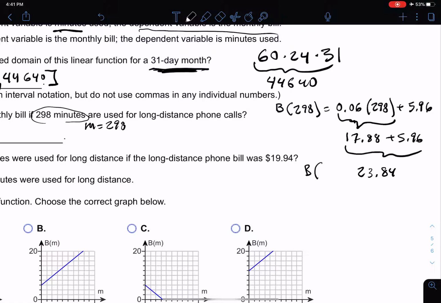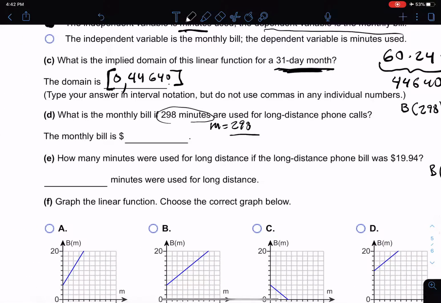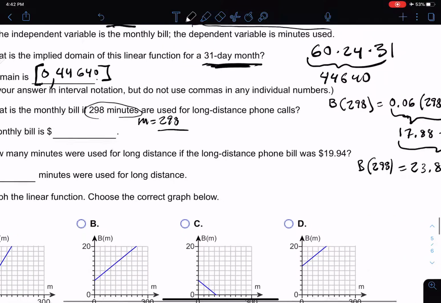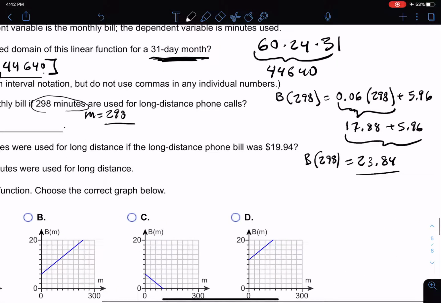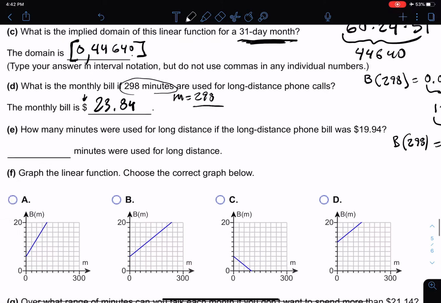So the proper way to write this as a function, B of 298 equals $23.84, because if you talk for 298 minutes, it's going to cost you $23.84. Once again, that dollar unit is already there, so we don't have to worry about that.